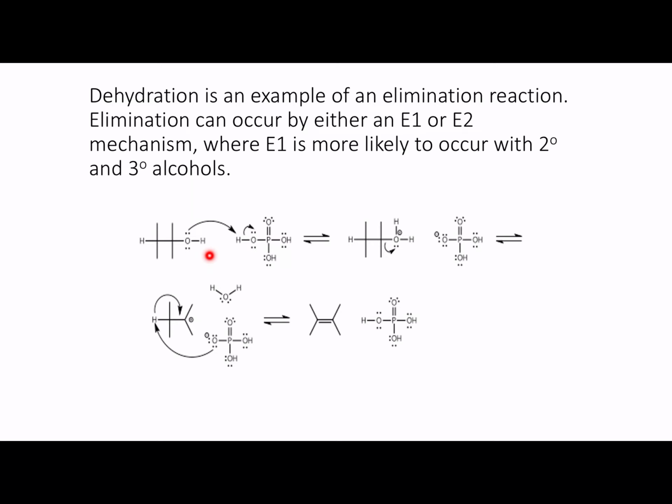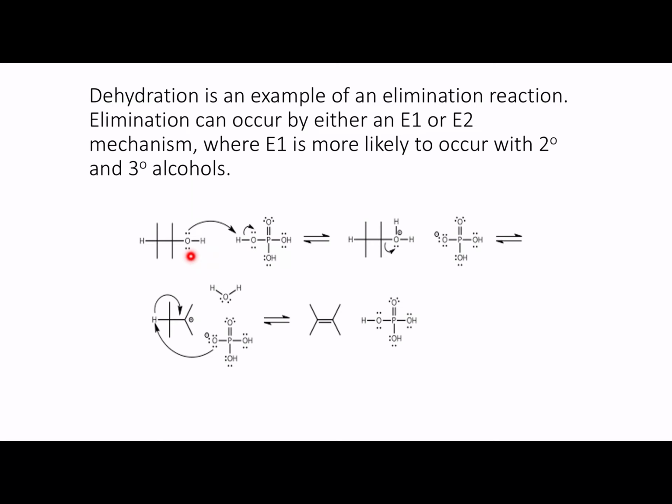Now let's see how the mechanism is going to take place. Now alcohol is not a very good leaving group, because if it just falls off, it becomes hydroxide. Hydroxide is a very strong base, so it's hard for us to remove OH as hydroxide. Because of that, we always protonate the alcohol.